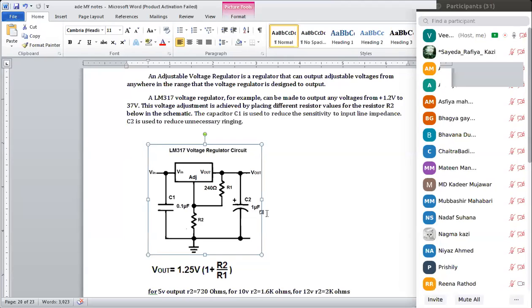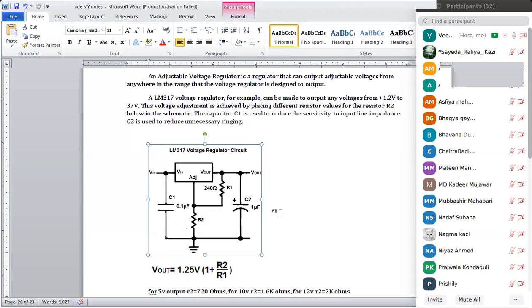Then I cannot expect the circuit to give me 20 volts because it has been designed for 15 volts. But instead, I can adjust it to 5 volts, 8 volts, 10 volts, or 12 volts. But the maximum should be 15 volts, not more than that. Right. So this is one example, using the LM317.